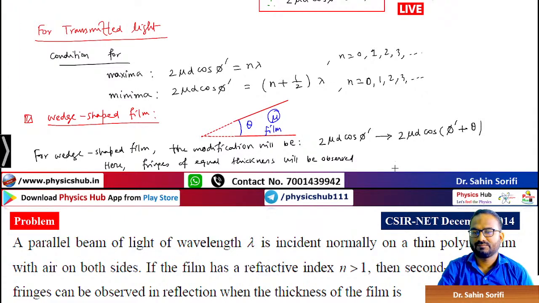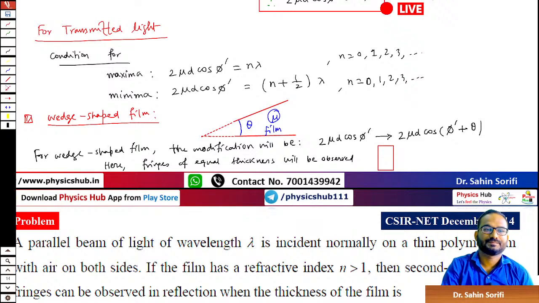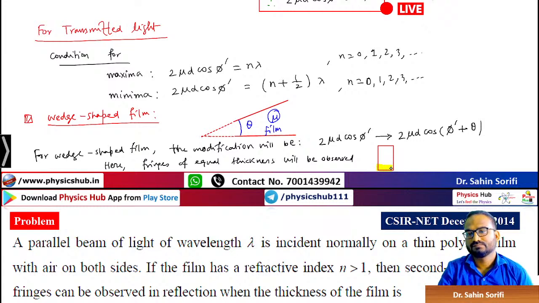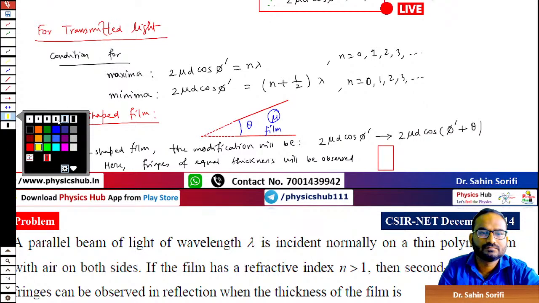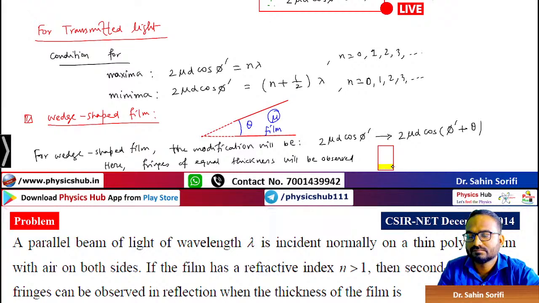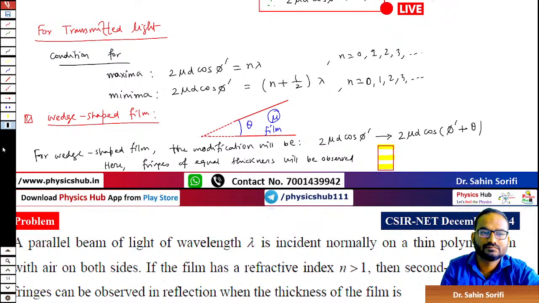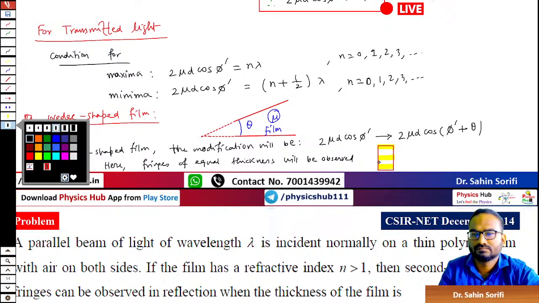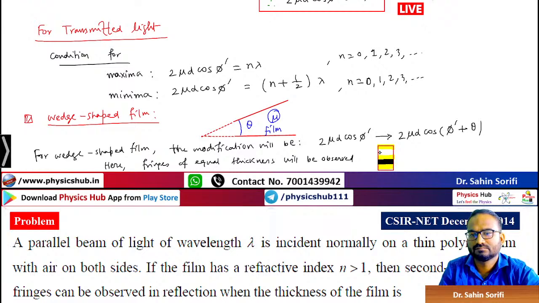You will get straight fringes like this, bright and dark this way.